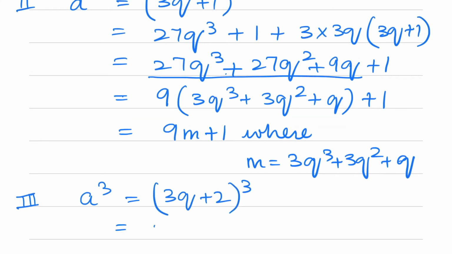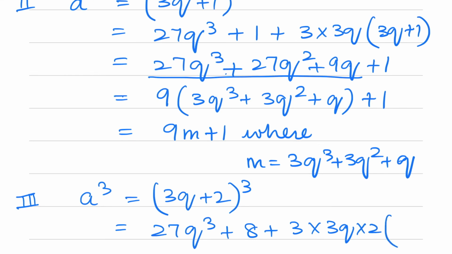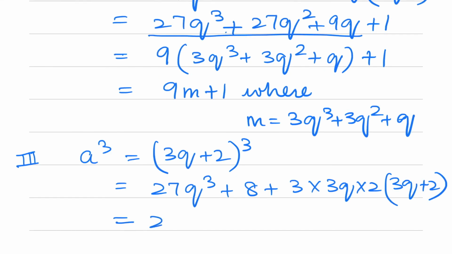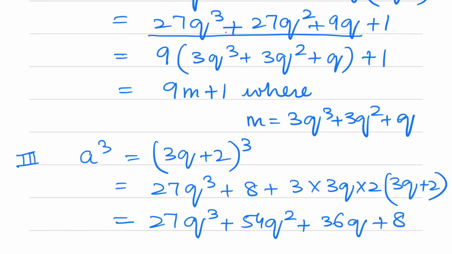In the third case, a cube is equal to 3q plus 2 whole cube. For the cube, we get 27q cube plus 8 plus 3 into 3q into 2 into 3q plus 2. We get this as 27q cube plus 54q square plus 36q and plus 8.